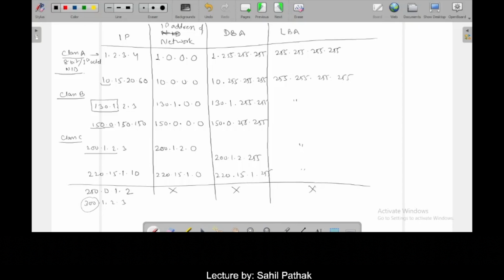So 300 cannot be a possible number. So this is wrong. This is the general concept of broadcasting. Now in the further section, we'll see subnetting and the rest of the things related to the network layer. Thank you.